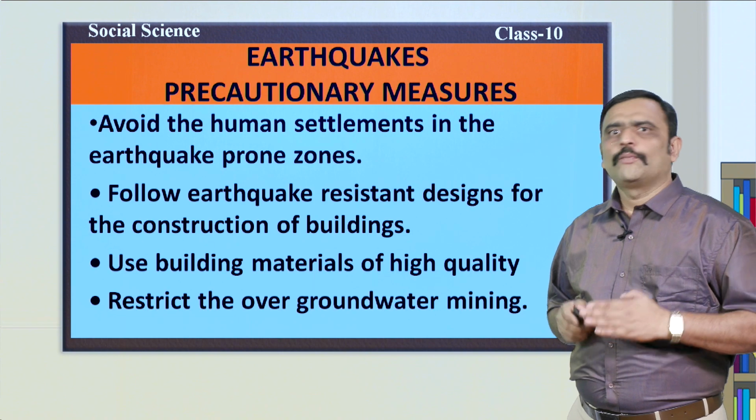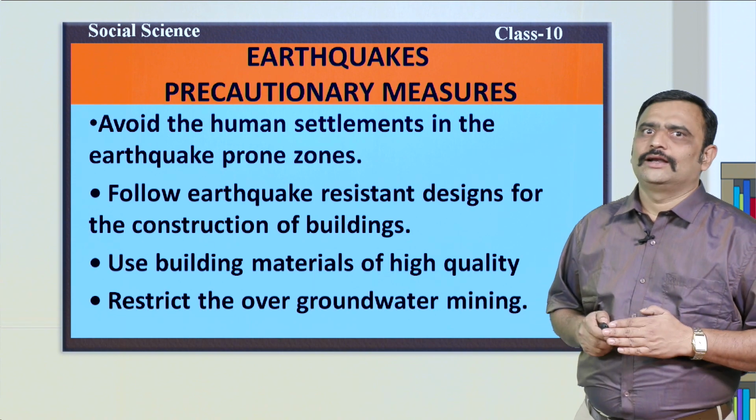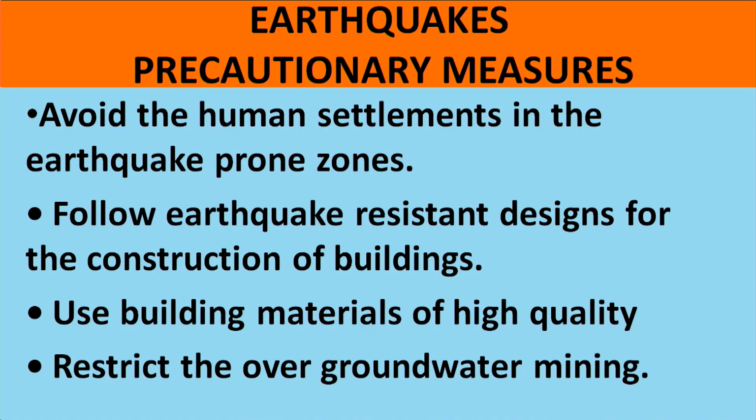What are the preventive measures to be taken to avoid the impact or the effects of earthquakes to the maximum extent? First thing, avoid human settlements in earthquake prone zones. Second, follow earthquake resistant designs for the construction of buildings. Use building materials of high quality.